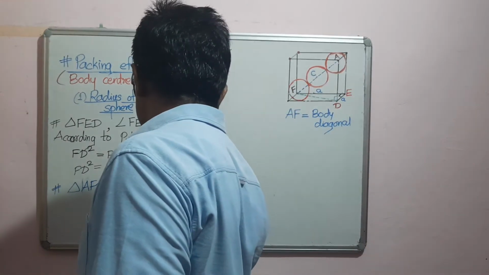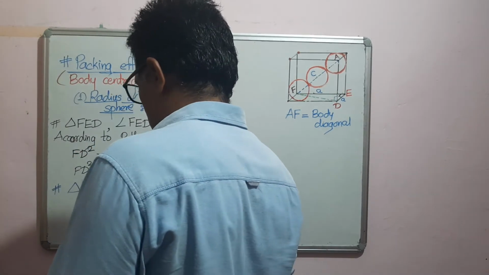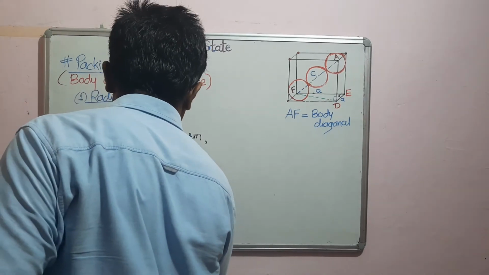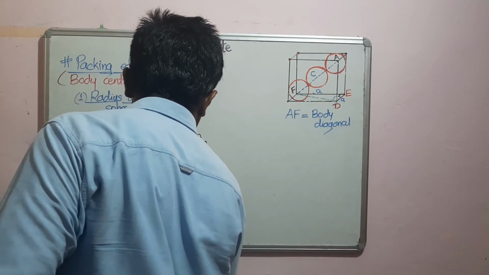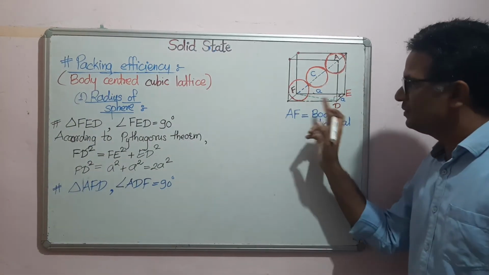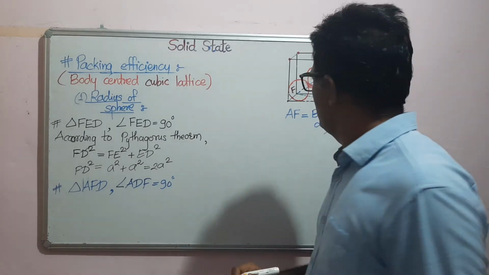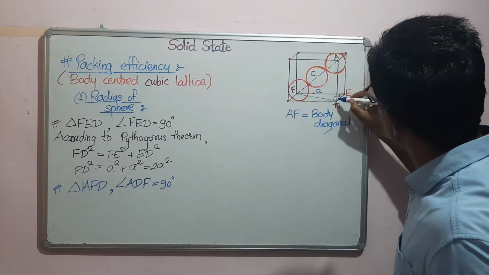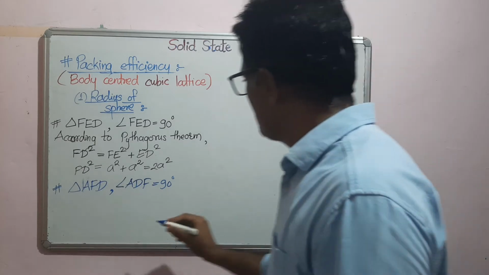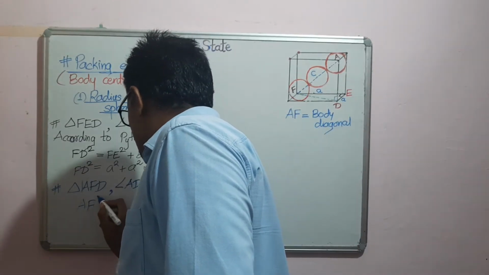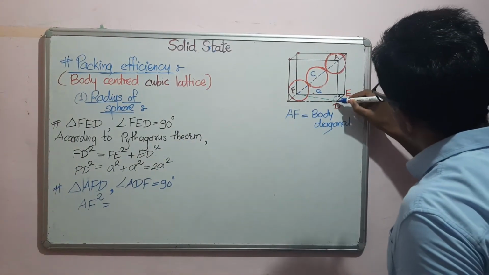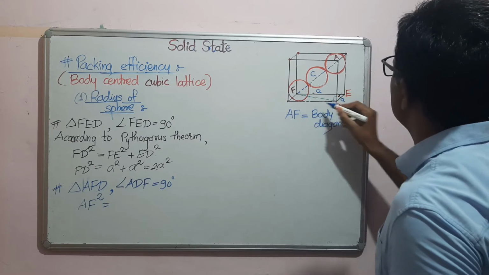So angle ADF is equal to 90 degrees. Pay attention here. Again apply the Pythagoras theorem. If it is a right angle triangle, then according to the Pythagoras theorem, AF square is equal to AD square plus FD square.